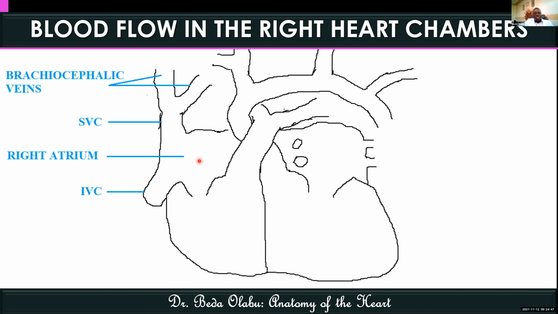And the junction between the upper and lower parts of the body in this case is the thoracic diaphragm. So the region above the diaphragm drains via the SVC, and the region below the diaphragm drains via the IVC. Of course, there are two exceptions there, the heart and the lungs.